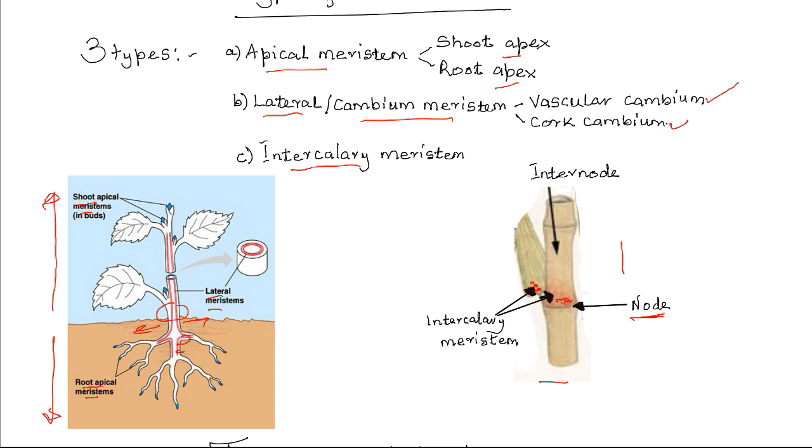And this is why even when the grasses are eaten by animals, they still grow from the base because of the presence of the intercalary meristem that enables them to recover even after grazing.